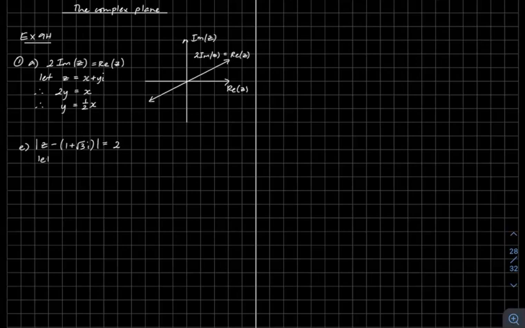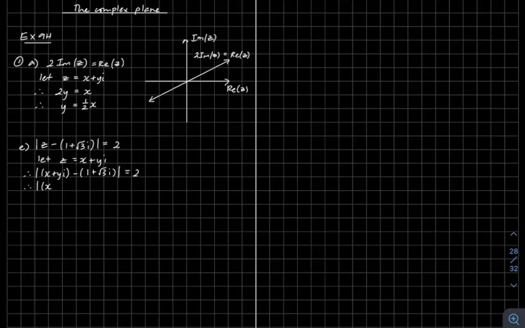Let z be equal to x plus yi, because then we might be able to get a Cartesian equation which makes a bit more sense to us. So we're going to have the modulus of x plus yi minus 1 plus root 3i equal to 2. Let's separate this into its real and imaginary parts.